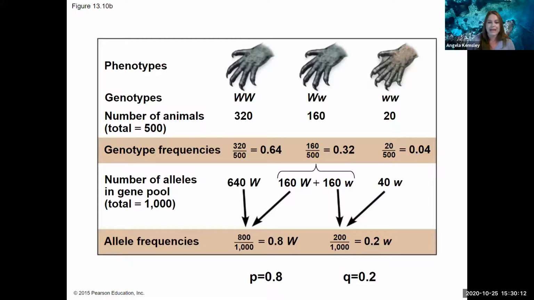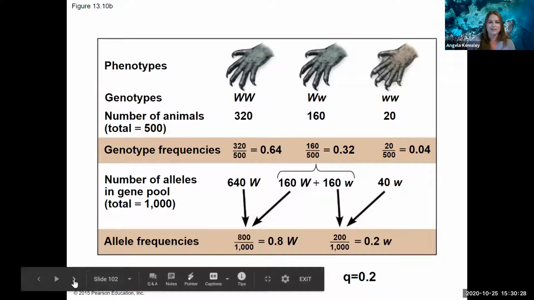So 0.8 for big W equates to p as 0.8, and q is representing our little w, so q equals 0.2. You could go back into that p squared plus 2pq plus q squared equation, and you could calculate out what that comes to.